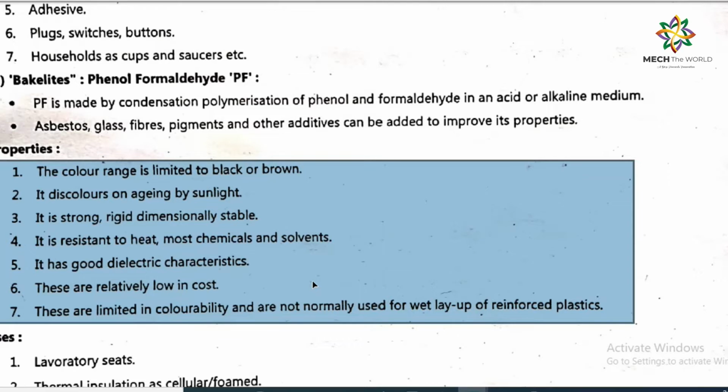And components made by the bakelite compound lose their color or shining on aging, or if a component made by the bakelite comes in contact with sunlight, then its shining and color will start to fade, or it will discolor.